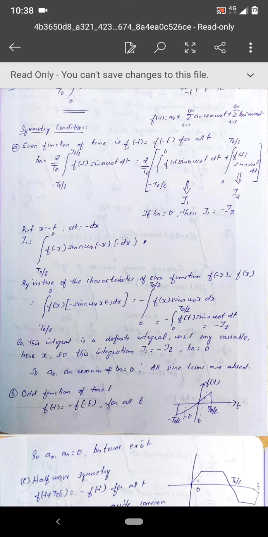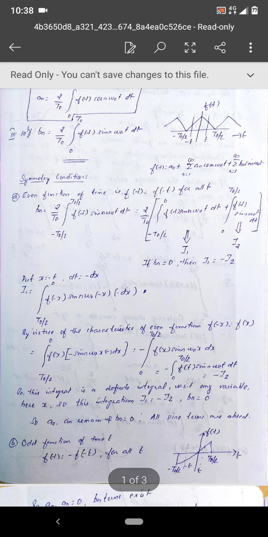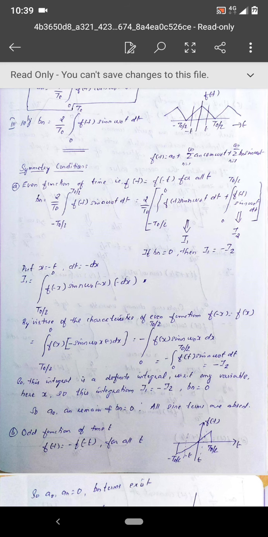Now here we should recall what f of t is. f of t is nothing but a naught plus the infinite summation from n equal to 1 to infinity of an cos n omega naught t, plus the infinite summation from n equal to 1 to infinity of bn sine n omega naught t. But an even function means that f of t cannot have sine terms.